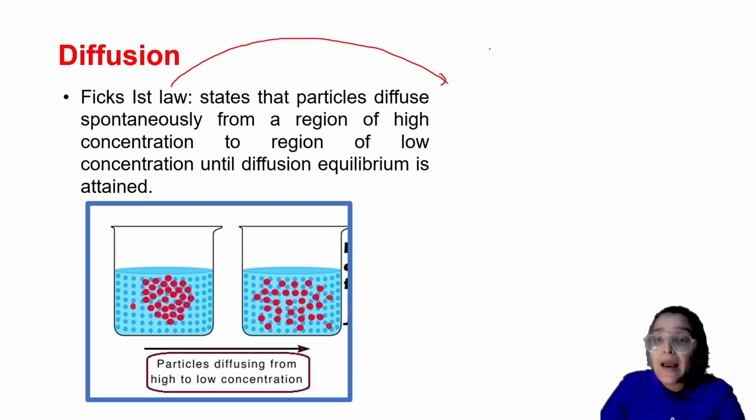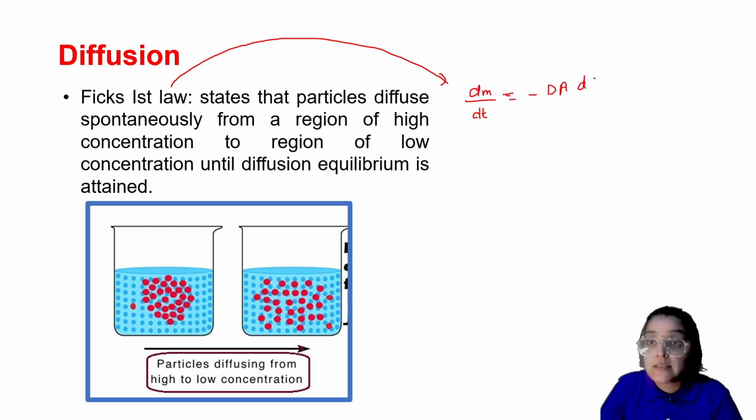So now I am writing the expression of Fick's law, which is dm upon dt equals minus D A dc upon dx. Very important expression.